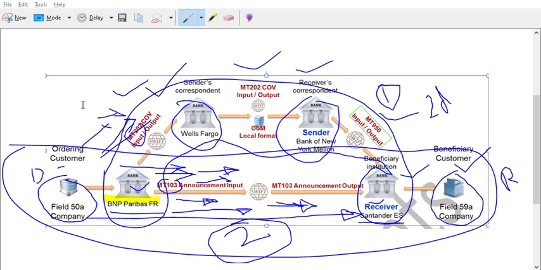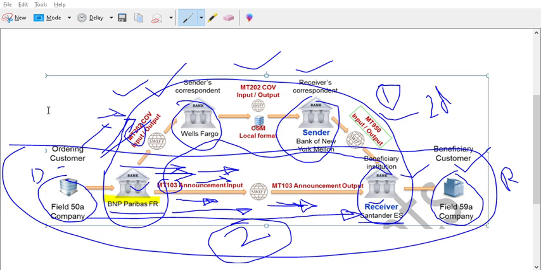Now, wire transfers over the SWIFT network were originally completed by the serial transfer using MT103, the customer credit transfer message, from the initial financial institution to the beneficiary via different financial institutions. In order to improve the responsiveness of the international banking method, the cover payment was developed.